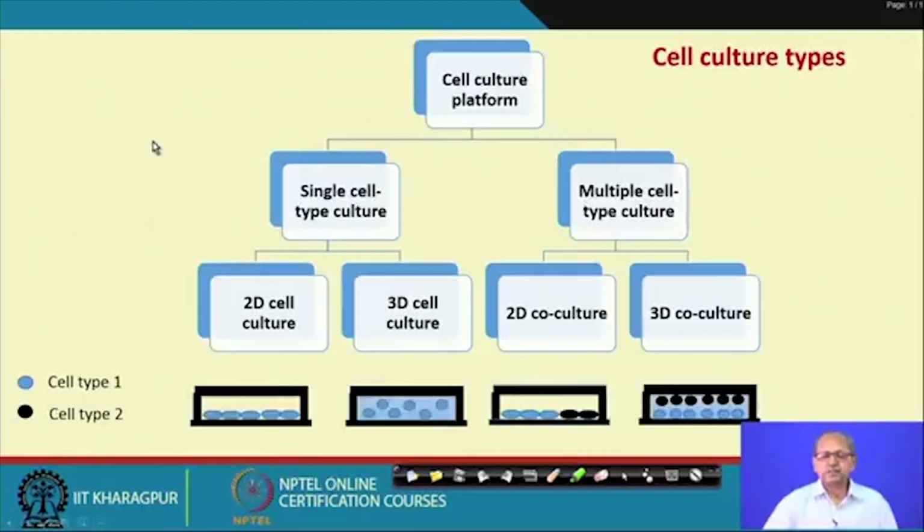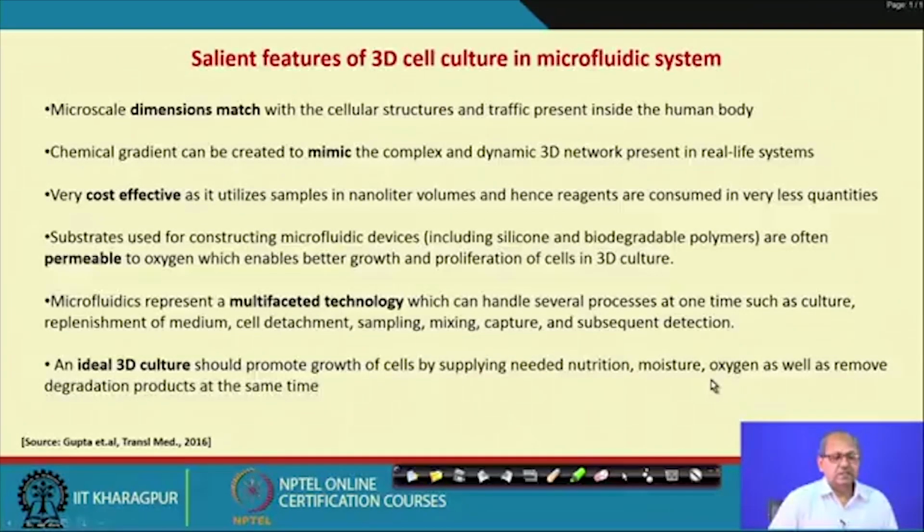And cell culture systems are of different types. Right now we can tell the cell culture platforms: single cell type, multiple cell type, 2D cell culture, 3D cell culture, then 2D co-culture and 3D co-culture. Now we come to how 3D cell culture can be done. Why do you want to do 3D cell culture in a microfluidic system? Particularly, a chemical gradient can be created to mimic the complex and dynamic 3D network.